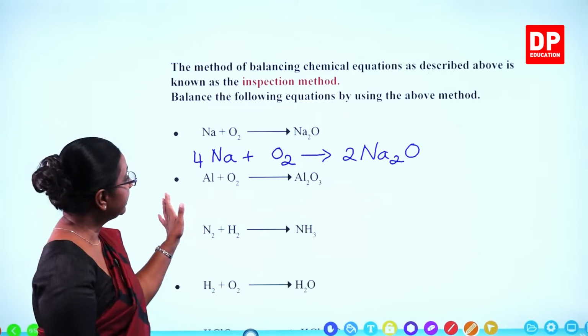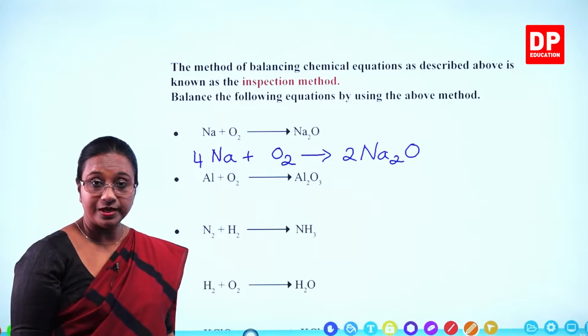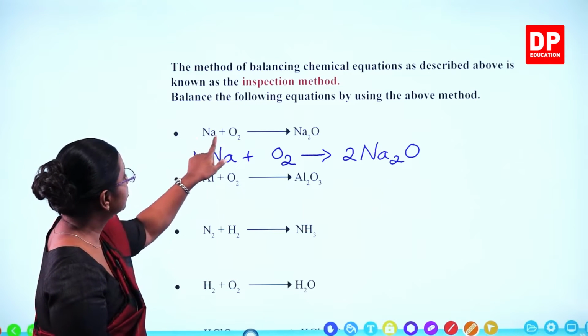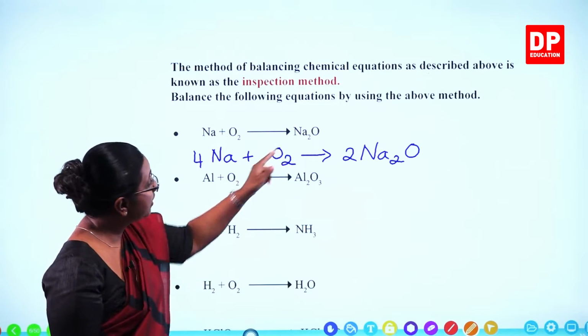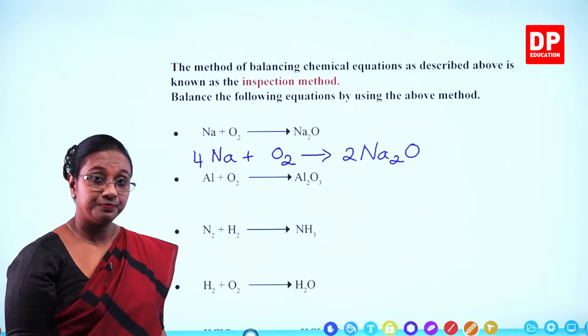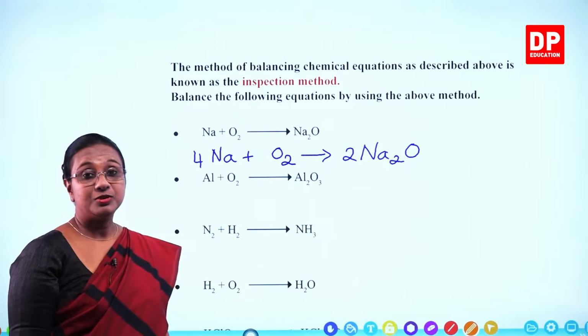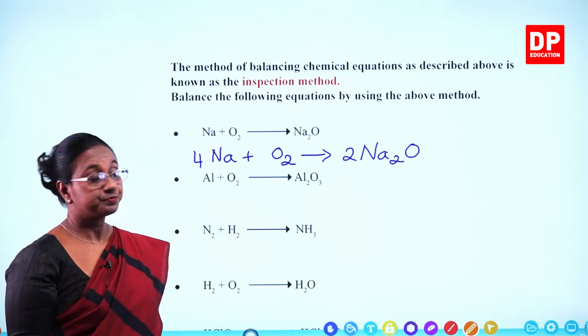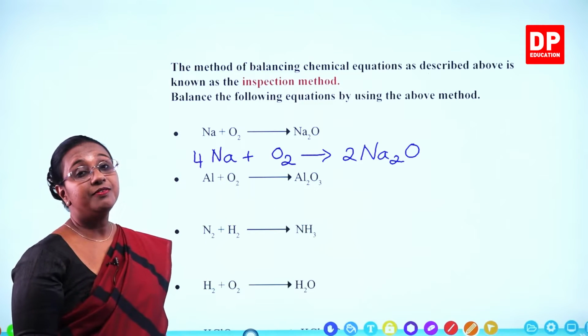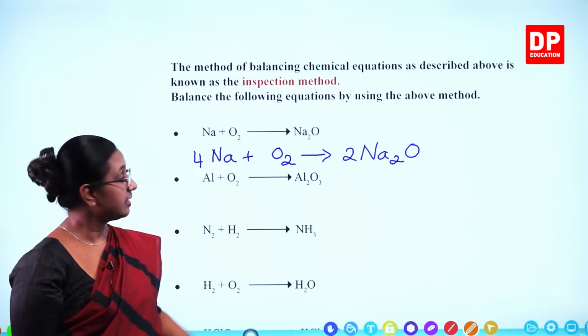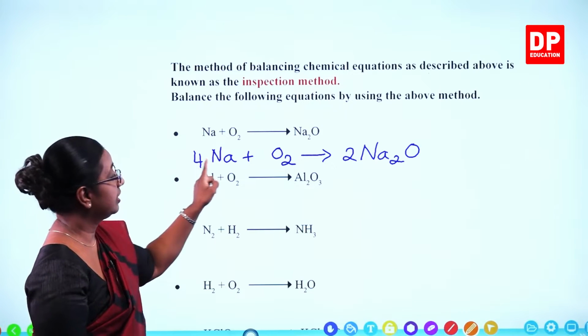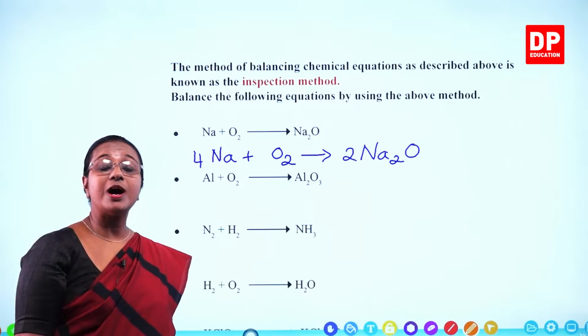4 sodium plus O2 giving rise to 2 Na2O. That is the balanced chemical equation for the reaction of sodium with oxygen, producing sodium oxide. I am sure that is clear to you all. You can identify this reaction also, students. There are two reactants, sodium and oxygen, giving rise to one product.